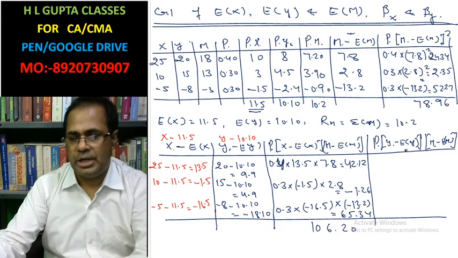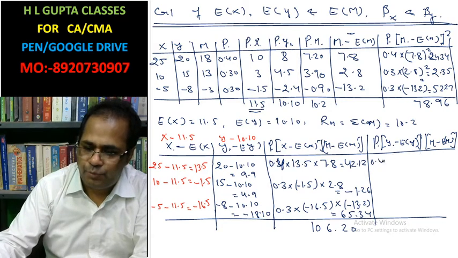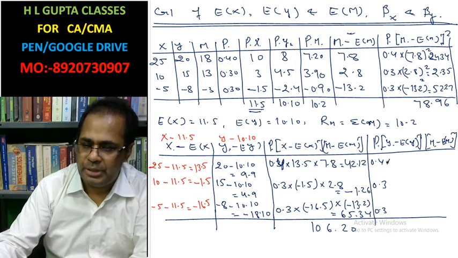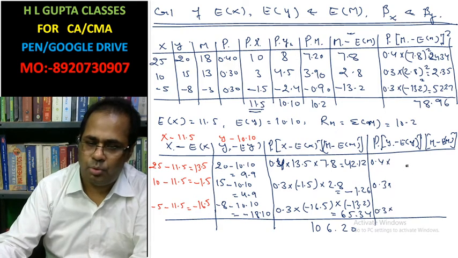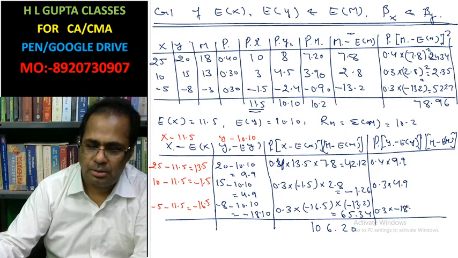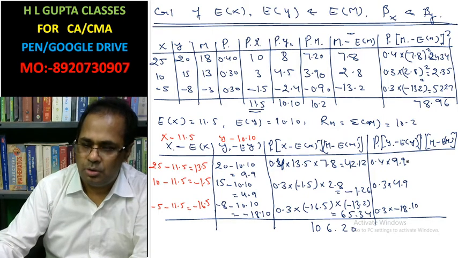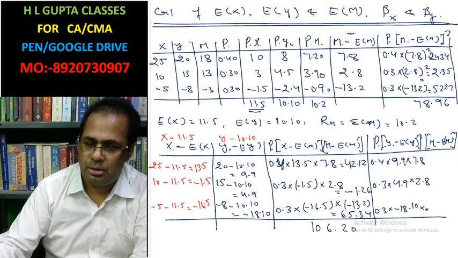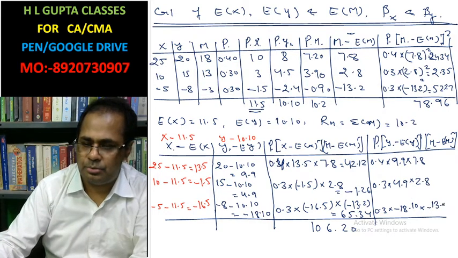After adding these you will have 106.20. In this case probability 0.3 into y minus y bar, this is 9.9, 4.9, minus 18.10, into m 7.8, 2.8, minus 13.2.